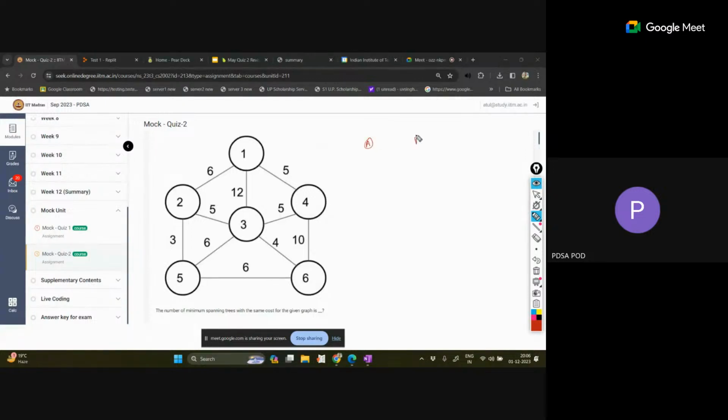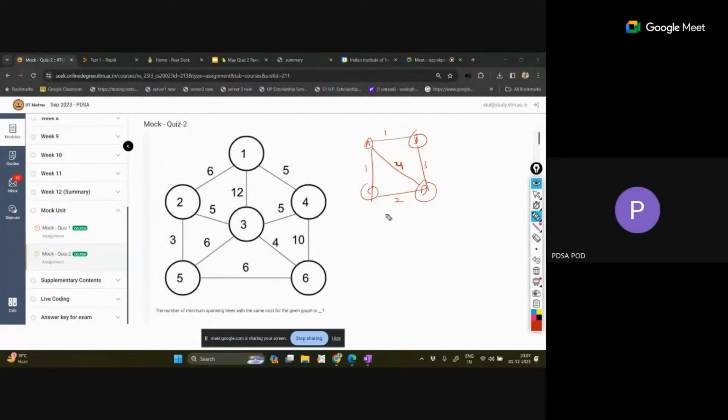Suppose I'm giving one small example, like A, B, C, D. This is the one graph. Here this is one weight, this is one weight, and this is 2, and this is 3, and this is 4. I'm taking this example here. If you see that these two edges contain one weight, we cannot say that this graph will contain more than one MST.